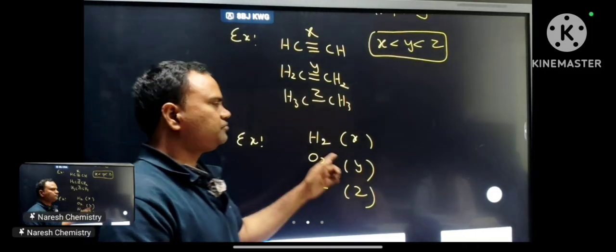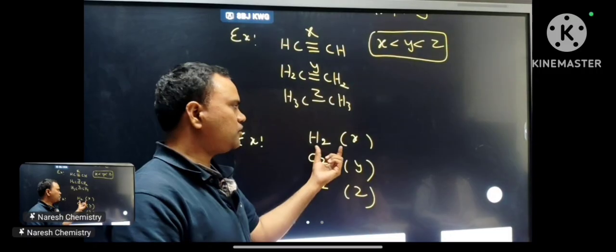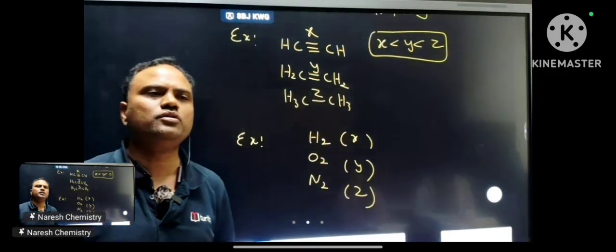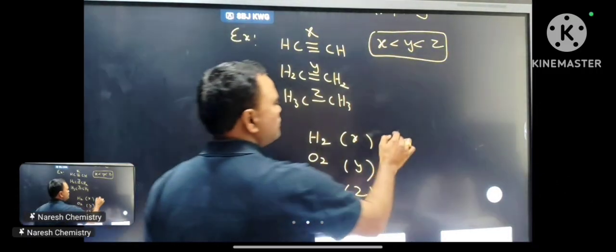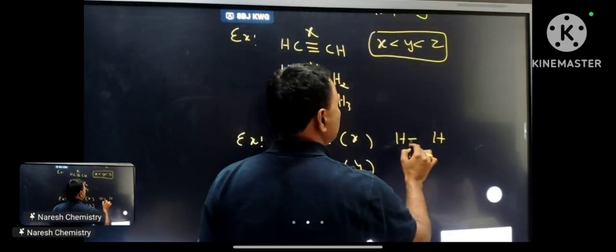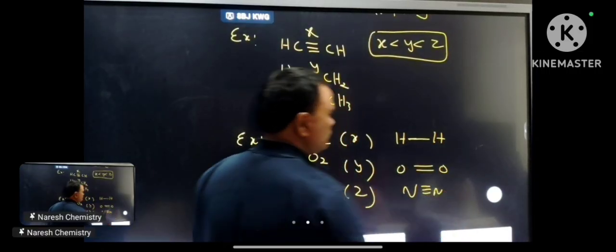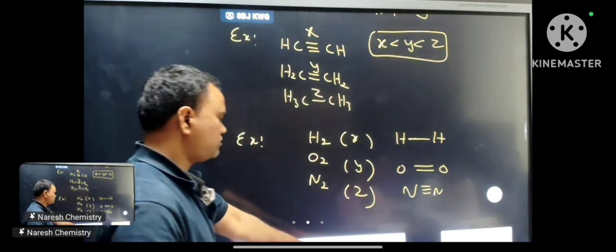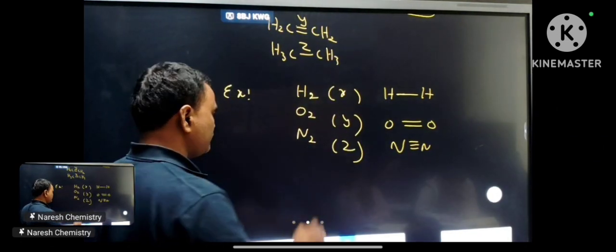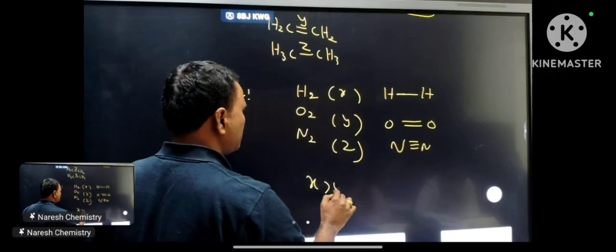In the hydrogen molecule, two hydrogens are held together by a single bond. In oxygen, double bond. In nitrogen, triple bond. So X greater than Y greater than Z.